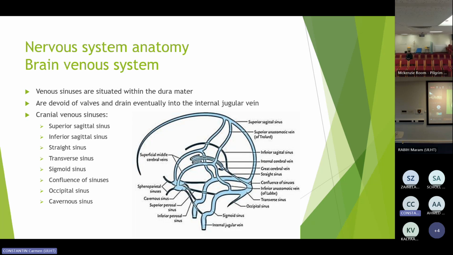The most important are the superior sagittal, then the inferior sagittal, the straight, and not the least the transverse sinus. These are the sinuses most often found to have fresh or old clots of venous sinus thrombosis.